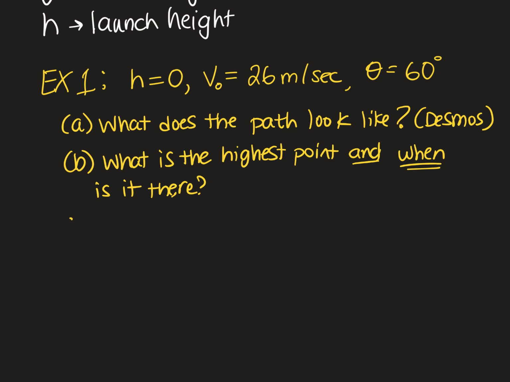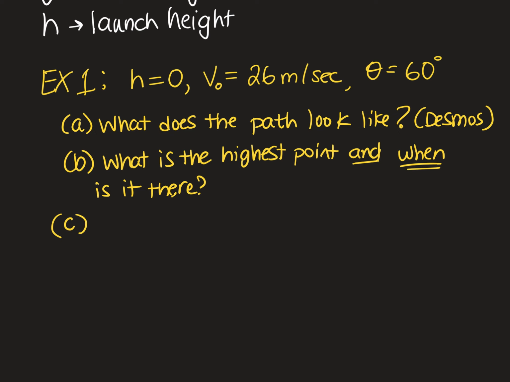And then finally, the third question we're going to answer here is, there's a lot of ways I can word this. I can say how far did the object travel? What's the lateral distance? What's the horizontal distance? There's a lot of different ways to word this question.